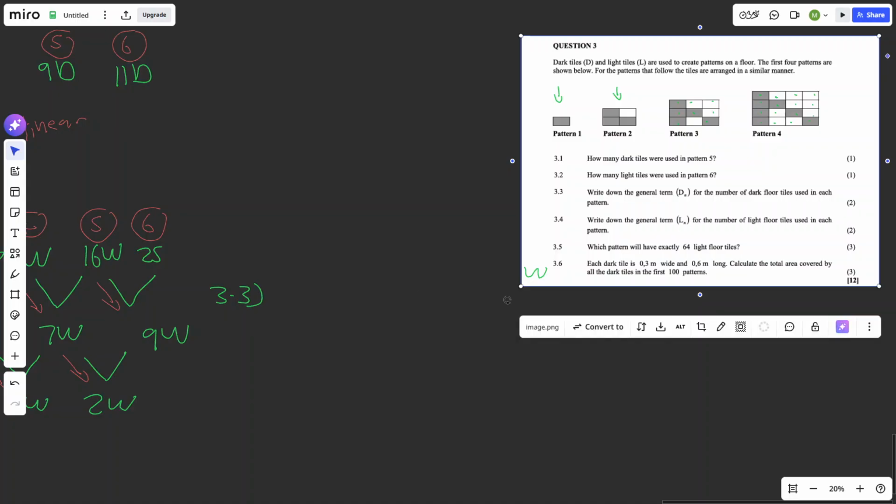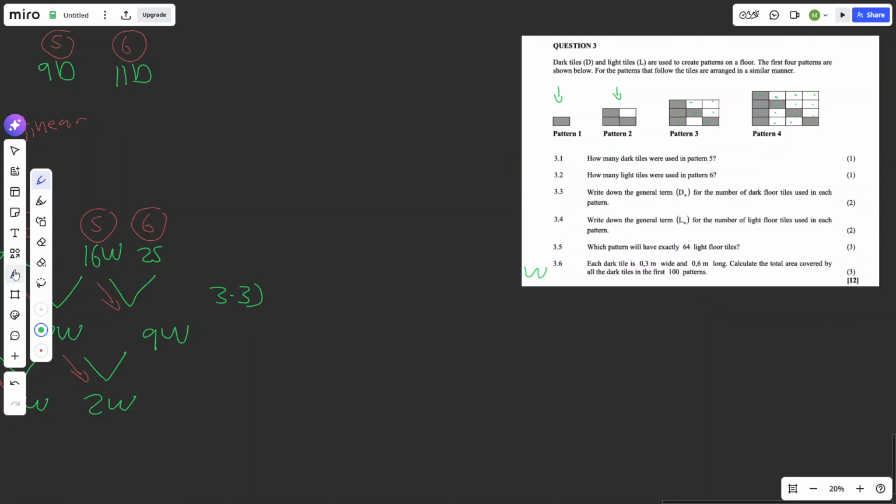Okay, so now in 3.3, we want to write down the general term for the number of dark blocks used in each pattern. So let us see here. In 3.3, we want to find the general formula, dn. Why?